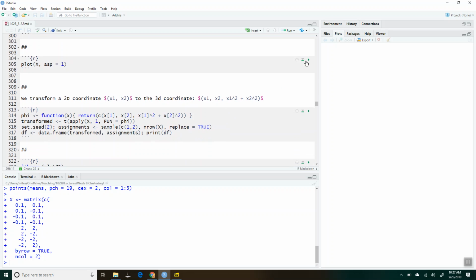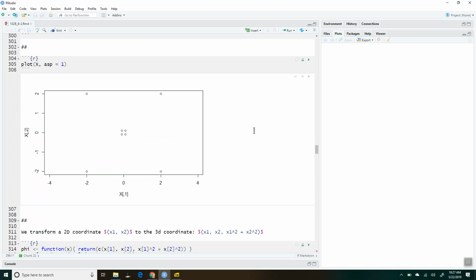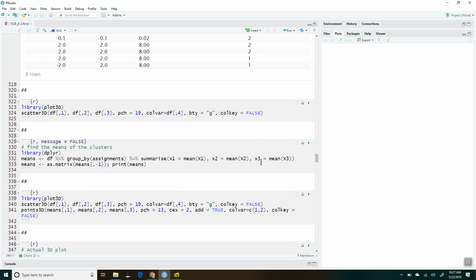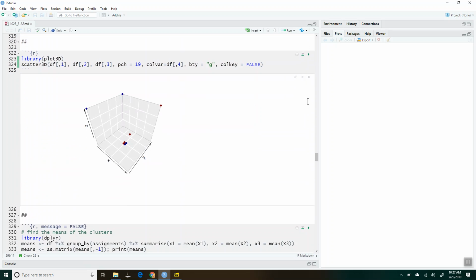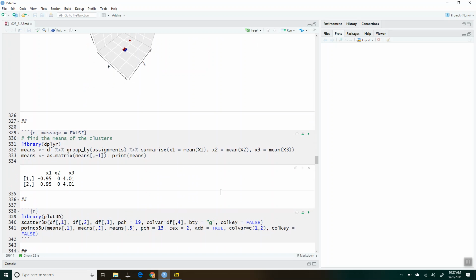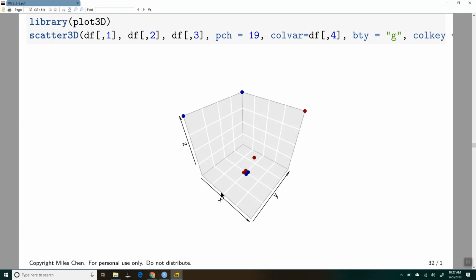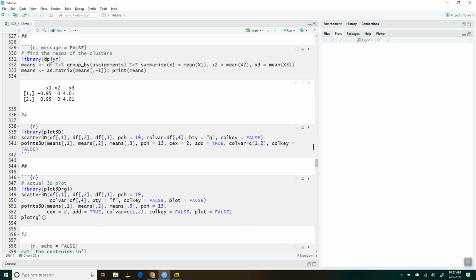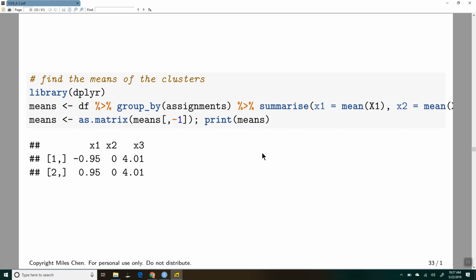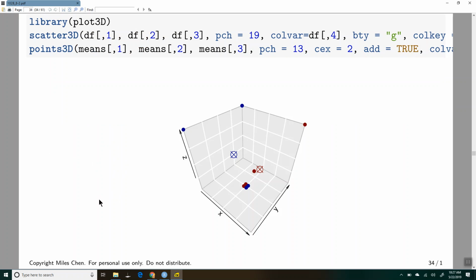We can actually plot this in 3D with an interactive 3D plot. Then we calculate the centroids and we get this.